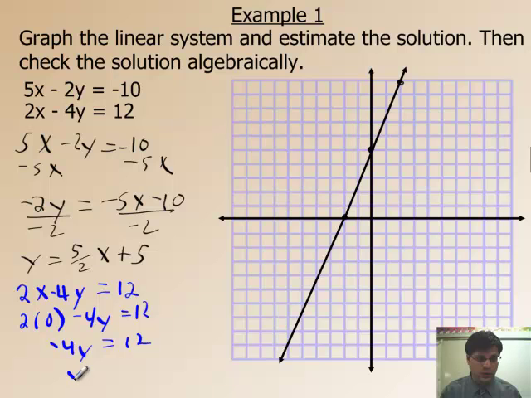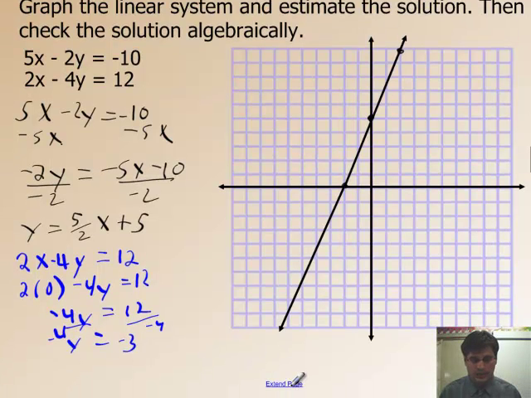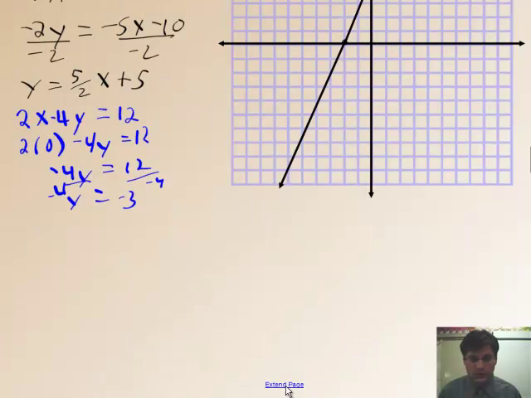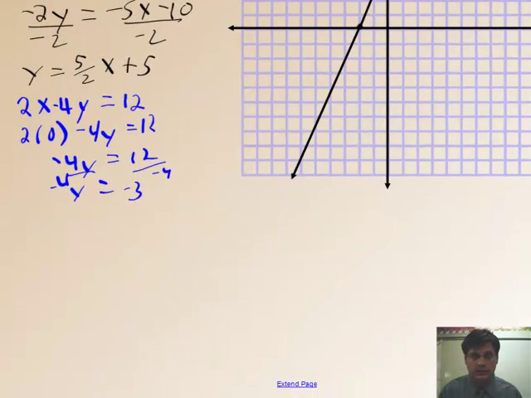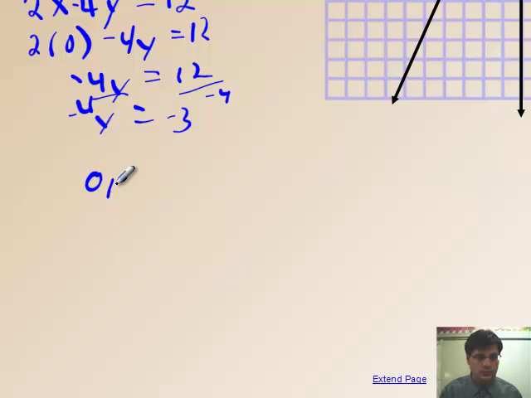And therefore, y is equal to, I'll divide both sides by negative 4, so y is equal to negative 3. So I'm going to have a y-intercept of (0, -3). Okay, so that'll be my first point. So (0, -3).